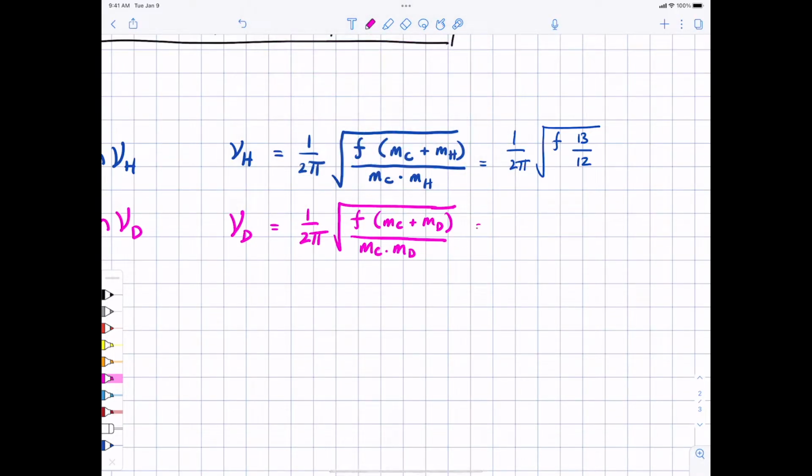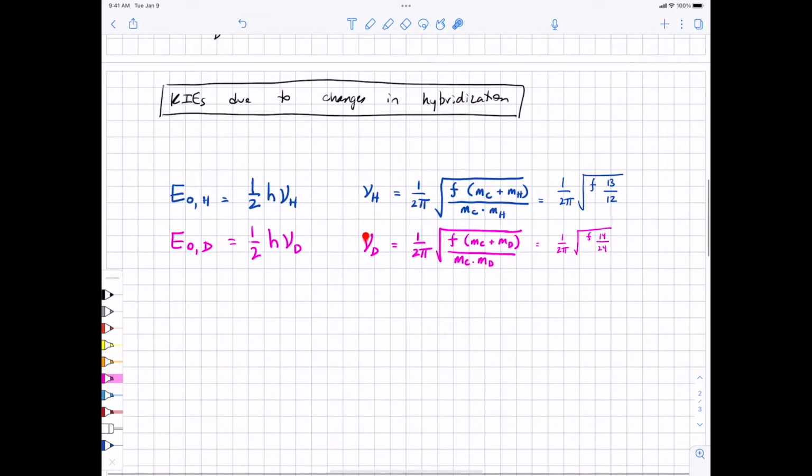Yeah, you know, in your student evaluations at the end of the semester, you can say things like, he really ought to learn how to do arithmetic, right? 12 plus 2 is 14, 12 times 2 is 24. But notice that the vibrational frequency and therefore the energy difference depends not only on these mass terms, but also on the force constant term, okay?